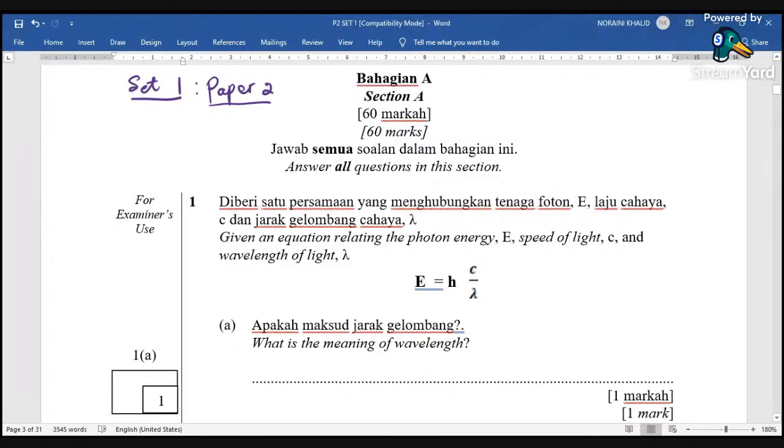Okay, for section A, 60 marks. Answer all questions in this section. Okay, perlu jawab semua soalan.